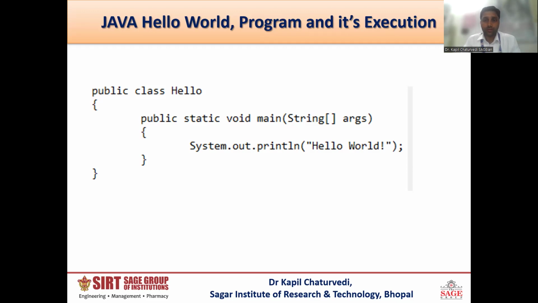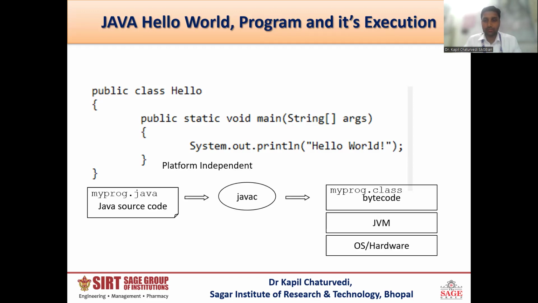Now, before ending this PPT, we have to understand how to run that program and what would happen after executing it. Whenever we save that program, suppose the program name is MyProg, so I will save it as MyProg.java. But my class name is Hello, so I will save Hello.java.